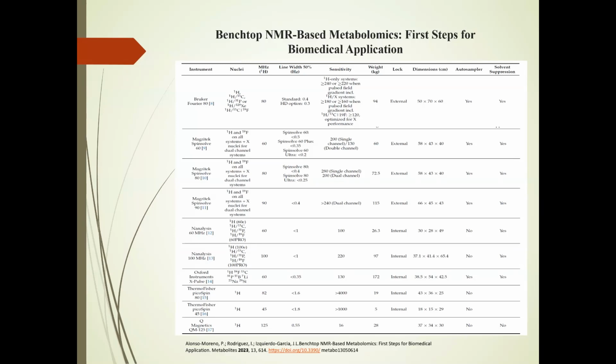As you see, Bruker, Magritek, Nanalysis, Oxford, Thermo Fisher are producing different kinds of benchtop NMRs from 84 megahertz to 125 megahertz. Interestingly, some of them are very lightweight ones, up to 55 kilograms, which is very nice for having portable NMRs.